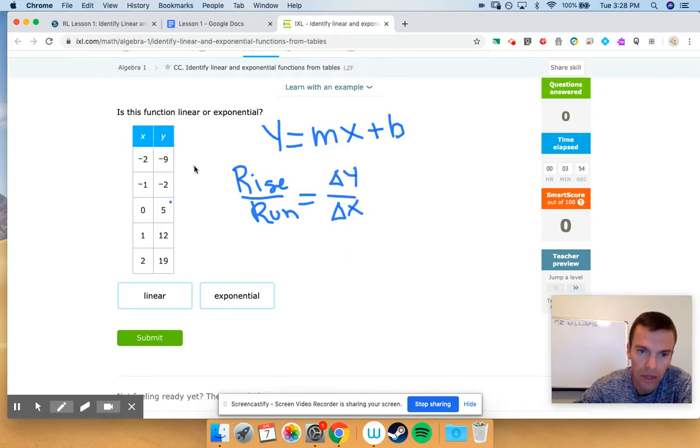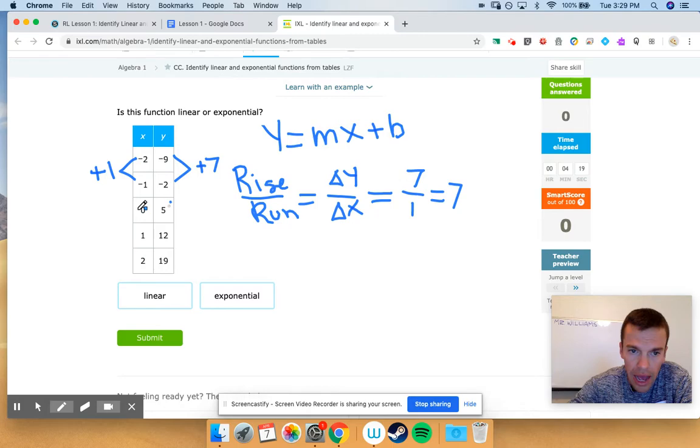Okay, so I'm going to look at the change in y here, and from -9 to -2, we're going up 7. And then I'm going to look at the change in x. So from -2 to -1, we go up, we get closer to 0. We go up 1. Okay, so if I'm going to write this slope, it's 7 over 1, which is equal to 7. Okay, so I'm just going to check now.